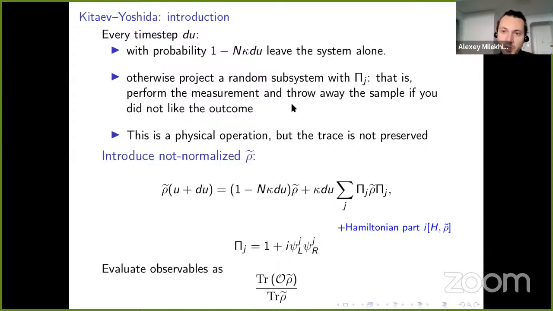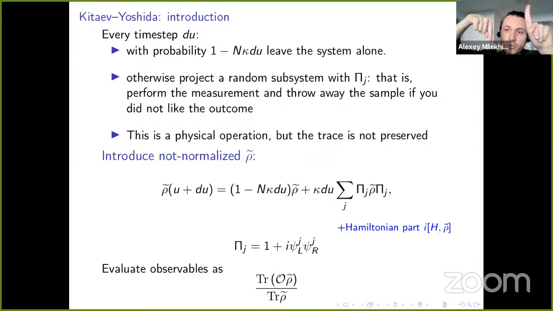I have to throw it away because in quantum mechanics, you don't have any control of what the measurement outcome is. So if you have a state which is spin up plus spin down, and you measure spin, with probability 1/2 you will end up in state up, and with probability 1/2 you end up in state down.